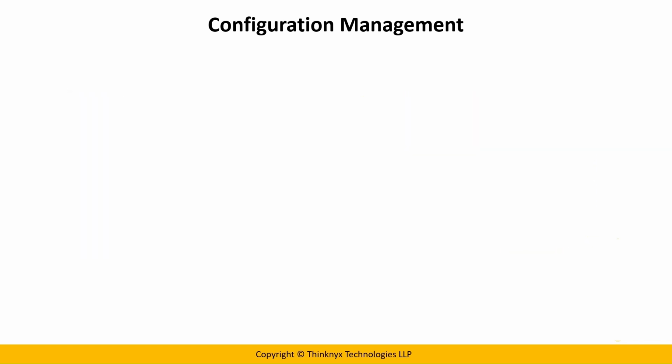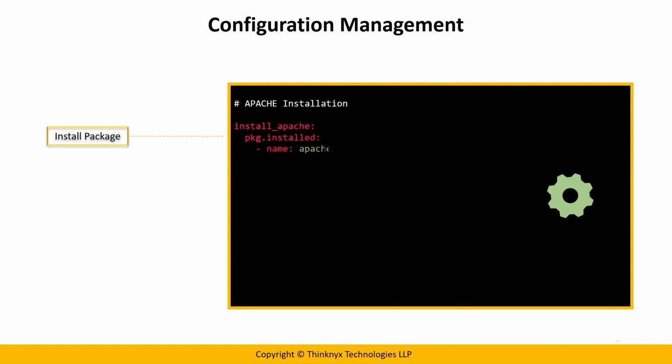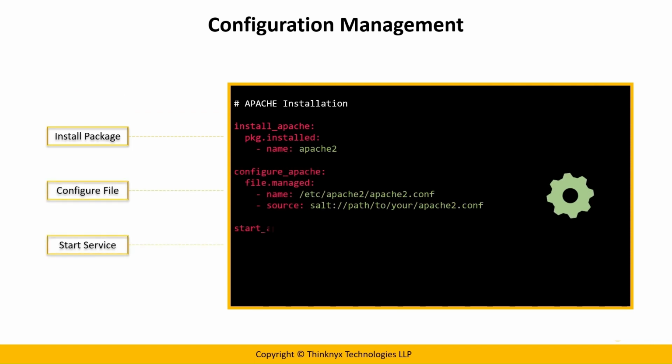Here's another useful example for installing and managing the Apache application using SaltStack. For those who may not be familiar with Apache, Apache is a widely used and highly popular open source web server that serves as the foundation for many of the world's websites.